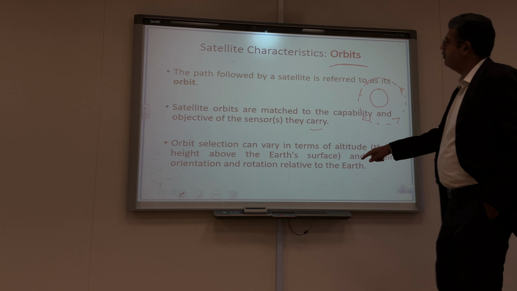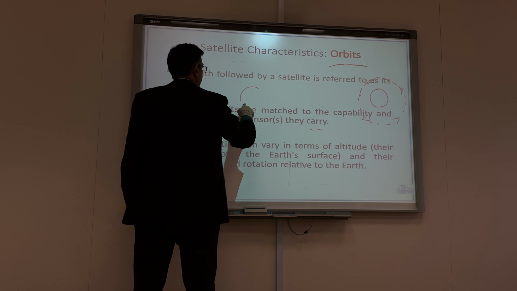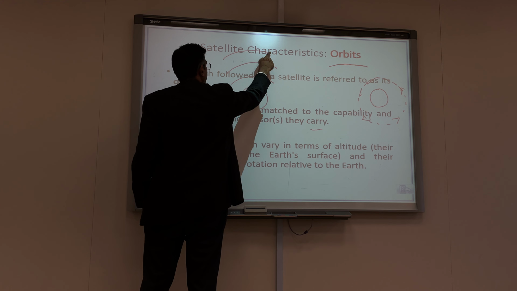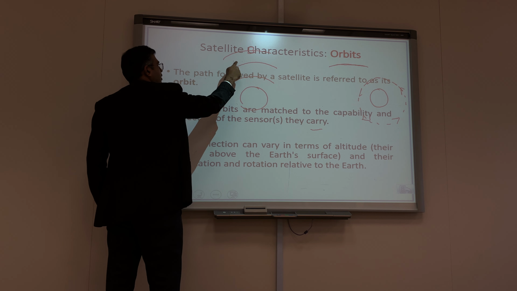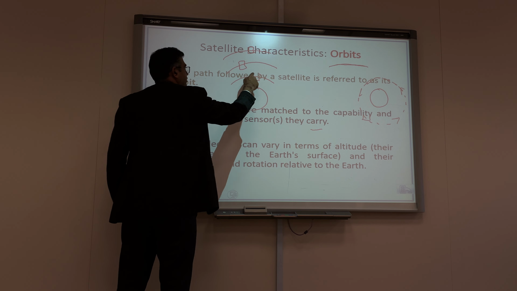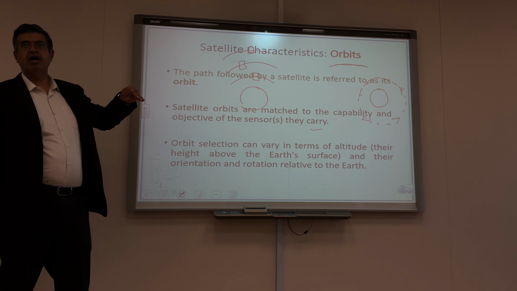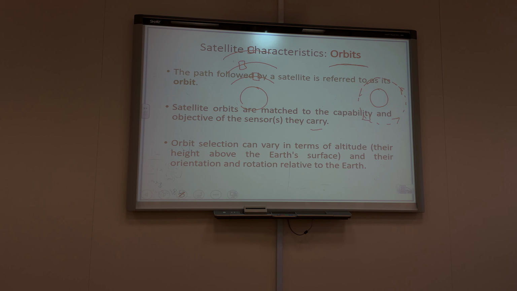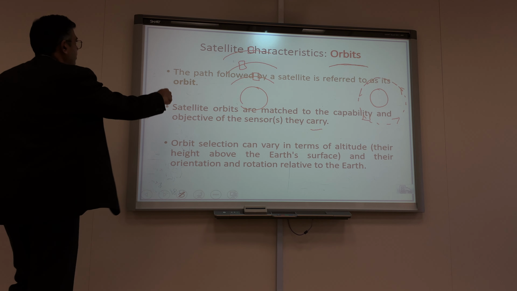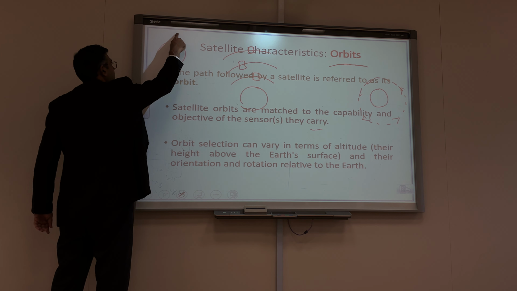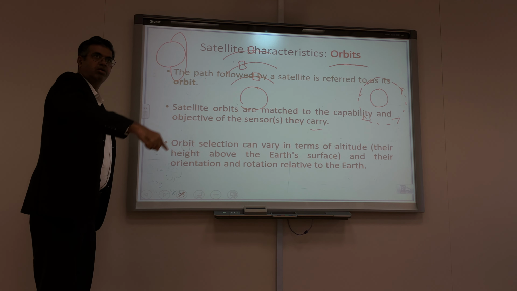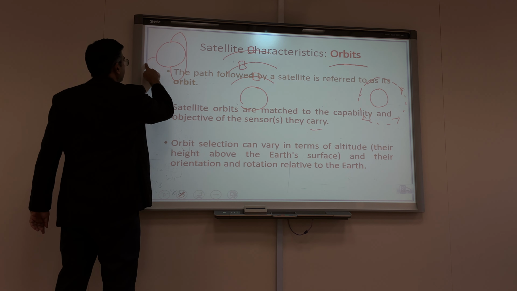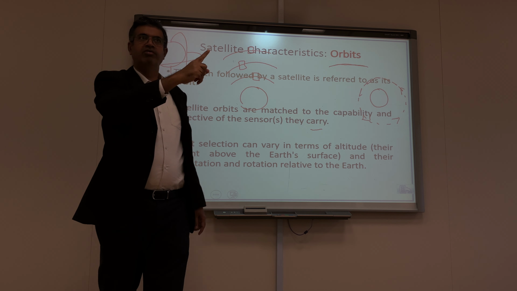Depending on the altitude, some satellites may be placed in this orbit, some in this orbit, some in this orbit. So depending on the height above the Earth's surface, you can have different types of orbit. And depending on relative motion, some satellites move north to south from pole to pole, and some satellites move from east to west along the equator.